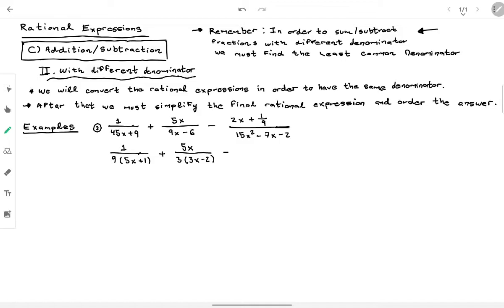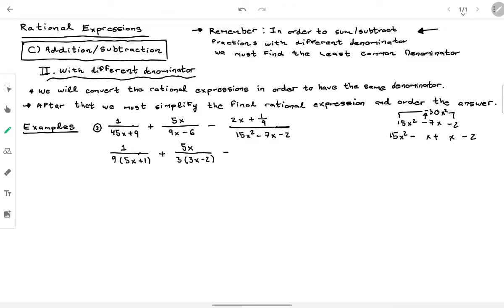Minus, and here we have an ax squared plus bx plus c trinomial, so let's factorize it: 15x squared minus 7x minus 2. So the multiplication of the corners is going to be minus 30x squared. So it's going to be 15x squared minus... to become a minus, we need a plus.